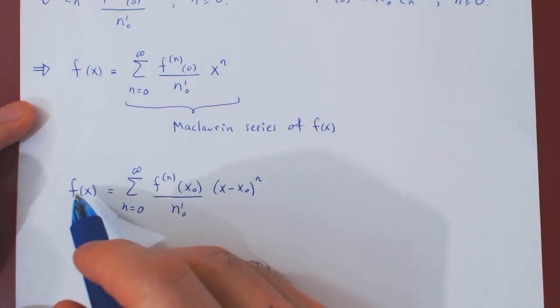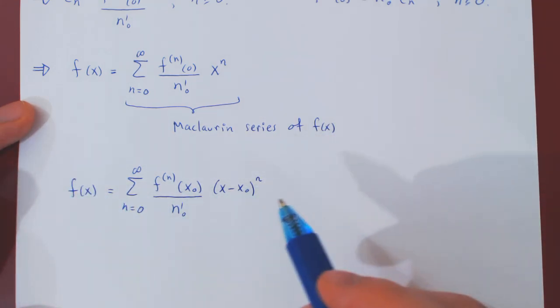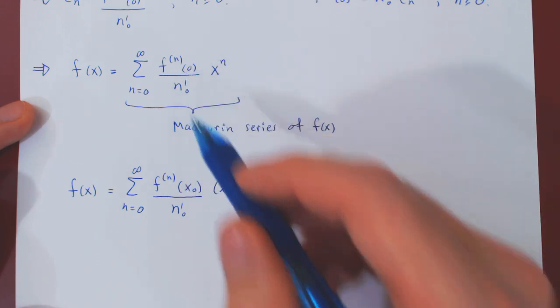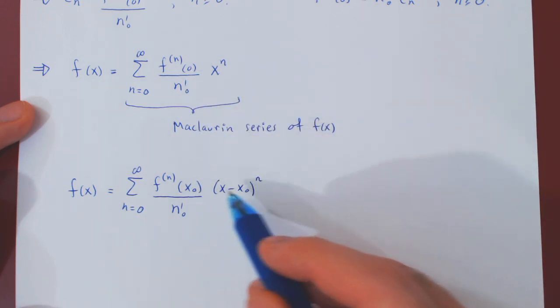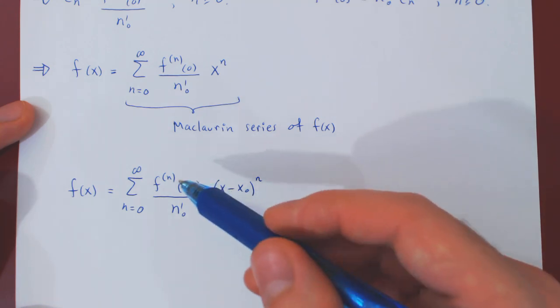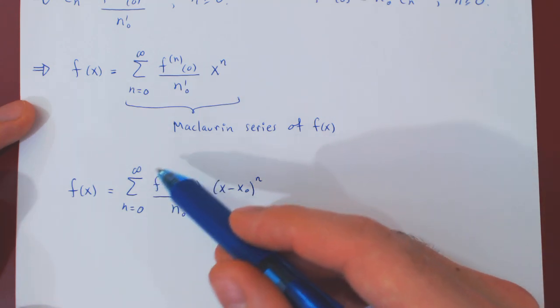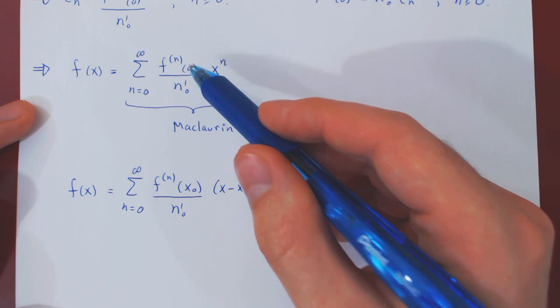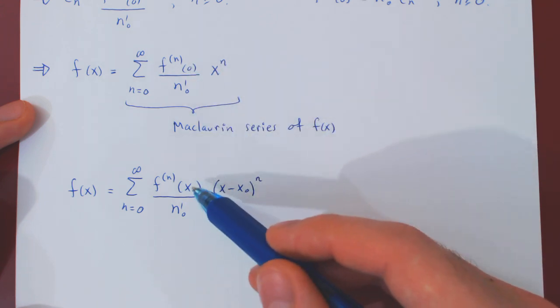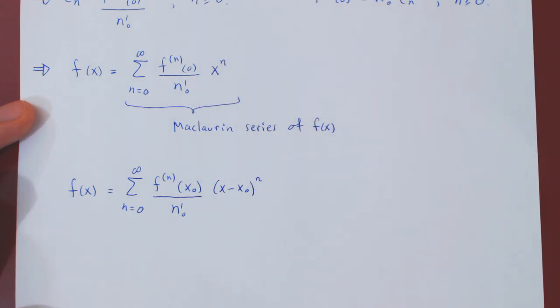So if we try to now express f as a power series centered not at the special case 0, but at some other value x0, what we must do is evaluate higher derivatives of f, no longer at 0, but at this other choice of x, x0.